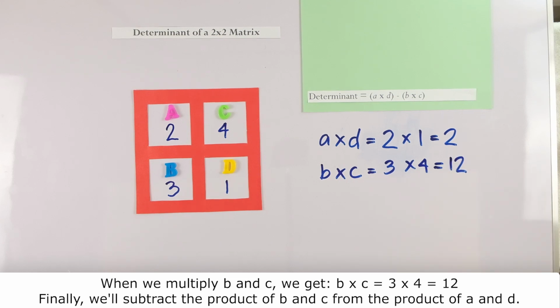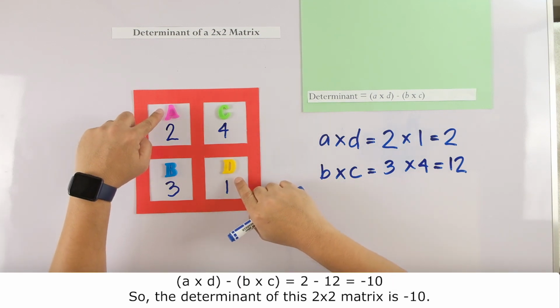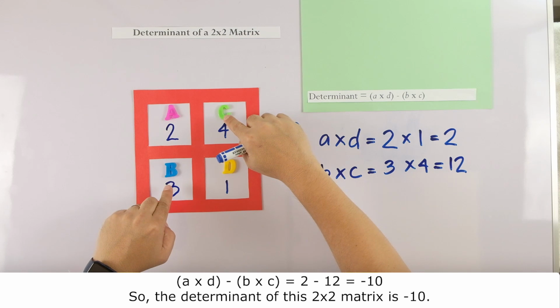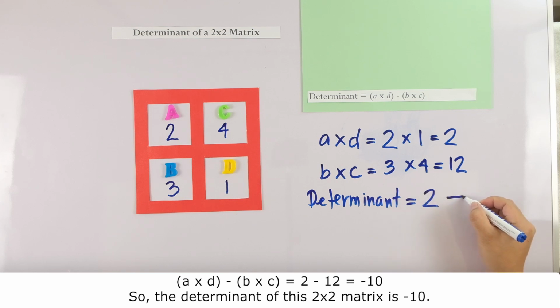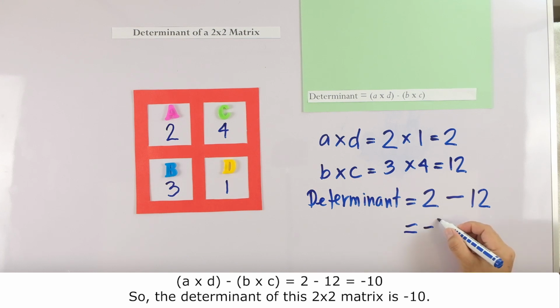Finally, we'll subtract the product of B and C from the product of A and D. Again, A times D minus B times C. So, the determinant is A times D, which is equal to 2, minus B times C, which is equal to 12. 2 minus 12 equals negative 10.